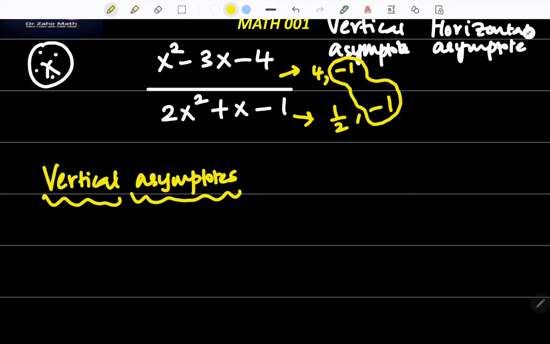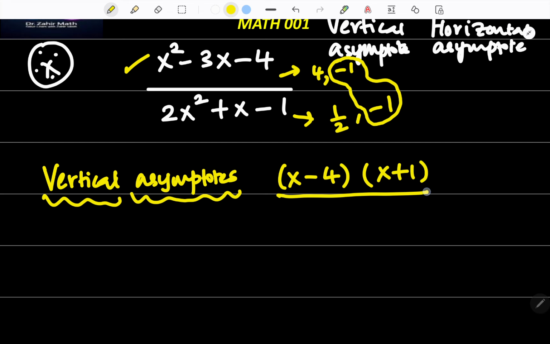When there is a common number between numerator and denominator from the calculator, just write in factor form. For 4, you will write x minus 4. For minus 1, you will write x plus 1. For half, how will you write? 2x minus 1, right?